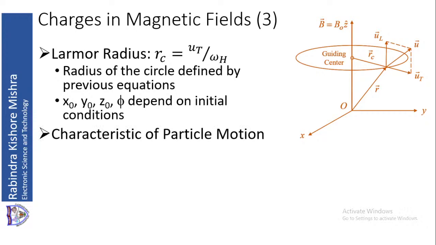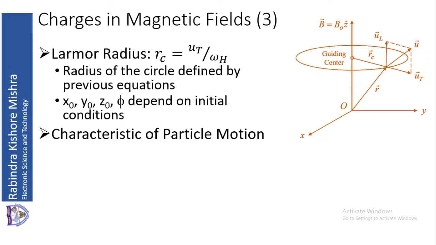So ut can be of the form ux plus uy, and the total u is in that particular direction, which is the vector addition of ul and ut. So we started from that, we ultimately reached this point. So this is easy to understand.